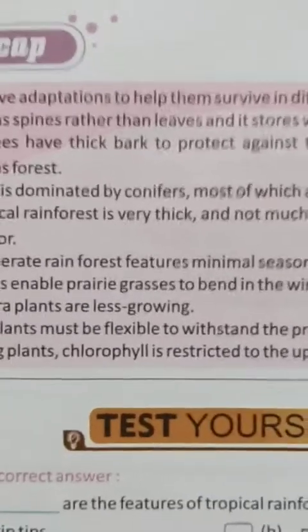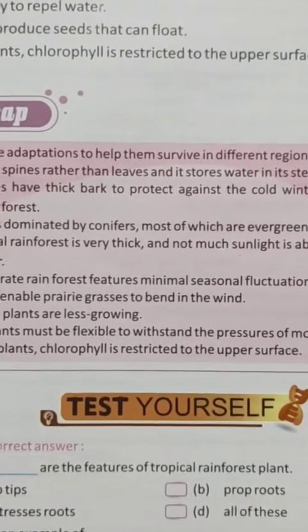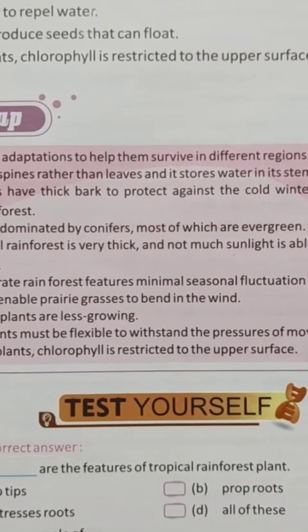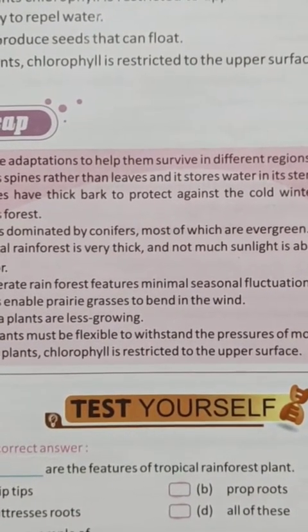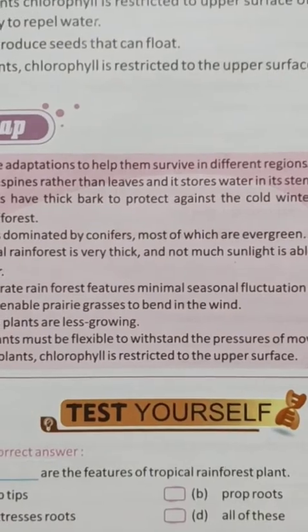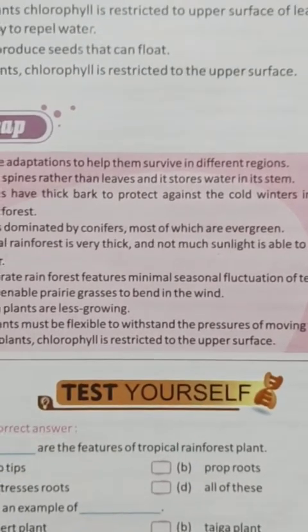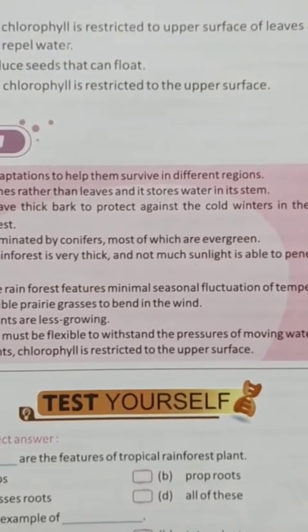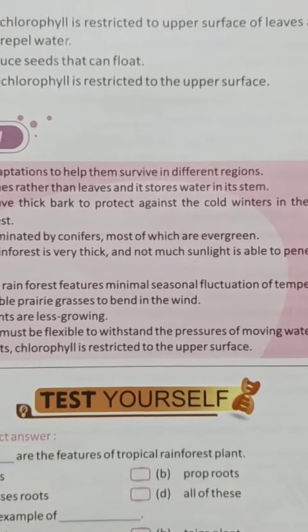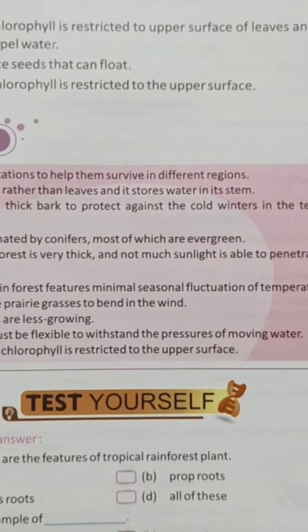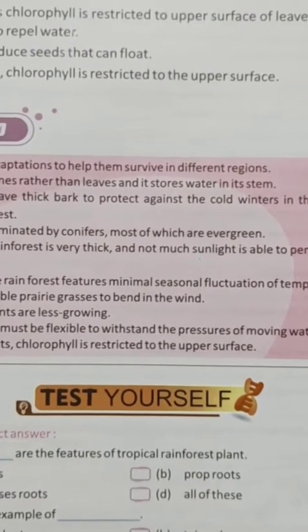So in this chapter we have learned plants have adaptations to help them survive in different regions. Cactus has spines rather than leaves and stores water in its stem. Many trees have thick bark to protect against the cold winters in the temperate deciduous forest. The taiga is dominated by conifers, most of which are evergreens. The tropical rainforest is very thick and not much sunlight is able to penetrate to the forest floor.